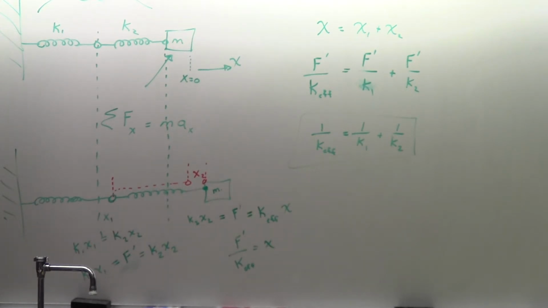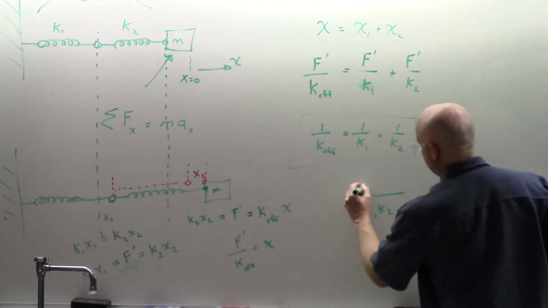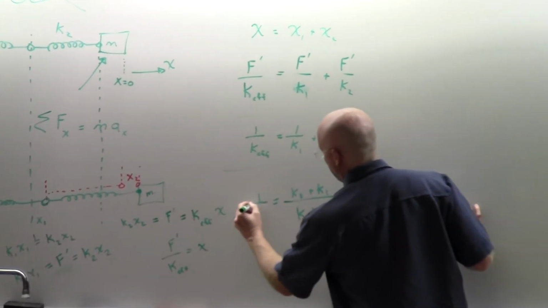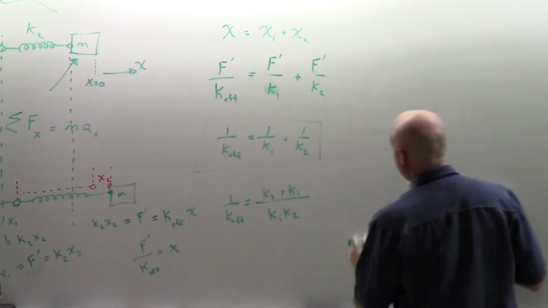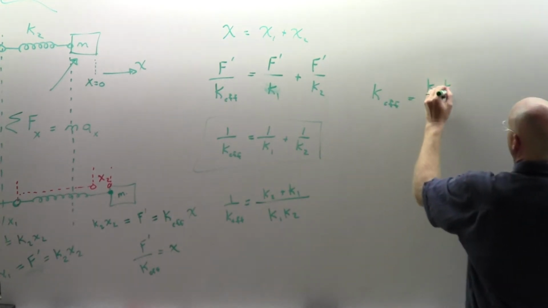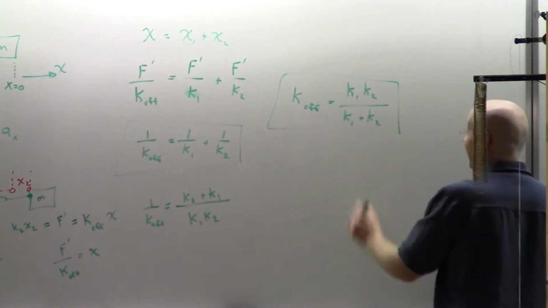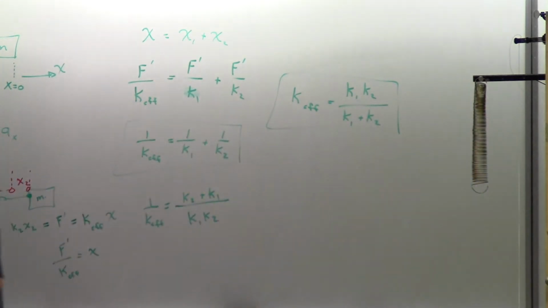So like I said, this is a little harder one. But do you see the game I played? The game was, what is the effective spring constant? I really have two springs, right? Can I rearrange it to get it effective? So as I do a little bit of math here, I would start by getting a common denominator and then taking the reciprocal to say that the effective spring constant is of course made of those two springs, but in a mathematical way that I would have never guessed off the top of my head.